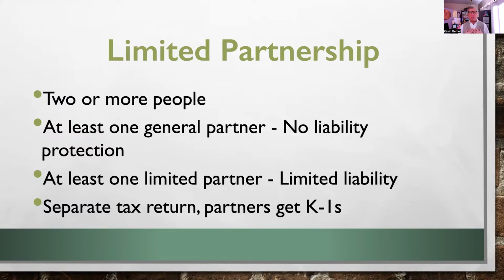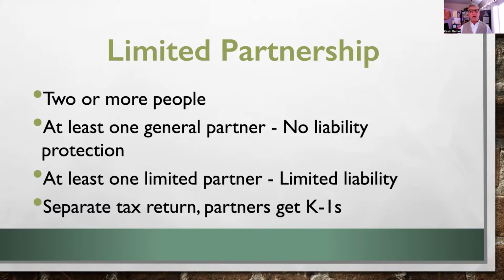So let's talk about my plumbing business. We've been fantastic plumbers, right? And let's say I decide to form a limited partnership because I have a friend who wants to help me get going in business. In that case, I'll be the general partner, and I receive no liability protection from Fantastic Plumbers, a limited partnership.